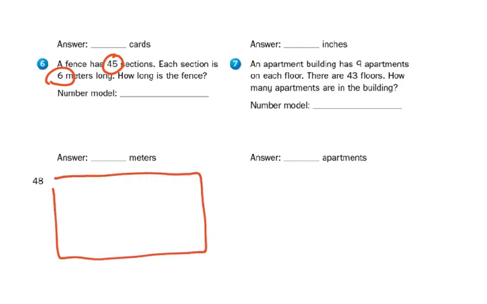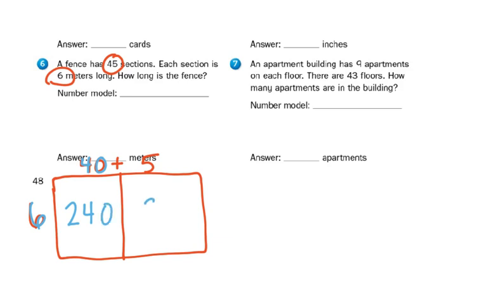I'm going to use partitioning of rectangles. I'm going to think 45 is 40 plus 5. I think of it in multiples of 10 because I can easily do those in my head, and it becomes an extended fact. And 6 over on the side. So now I'm going to take 6 times 40. Well, 6 times 4 is 24 with 1 zero.